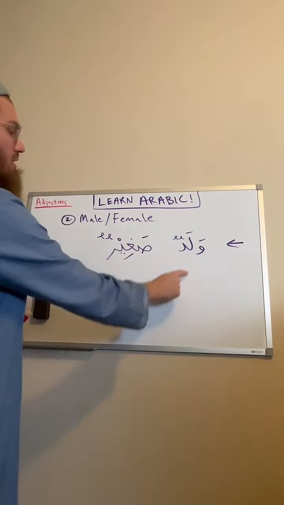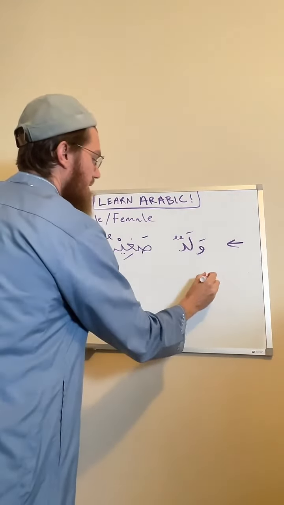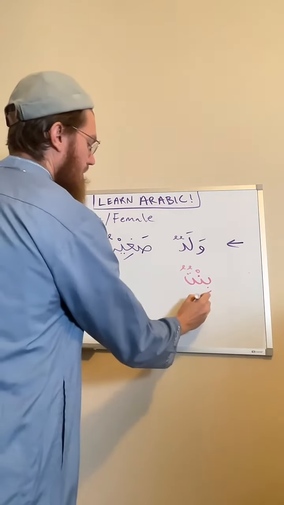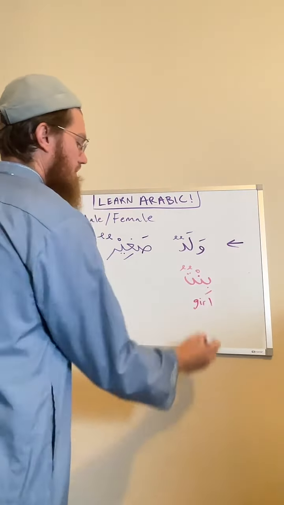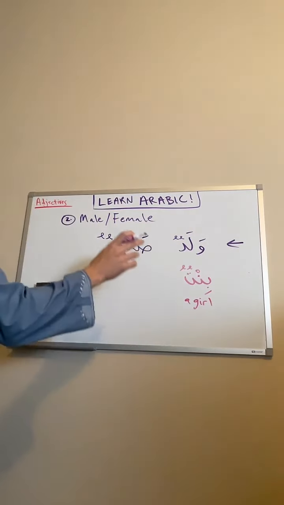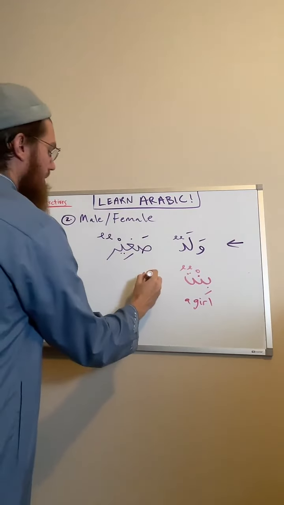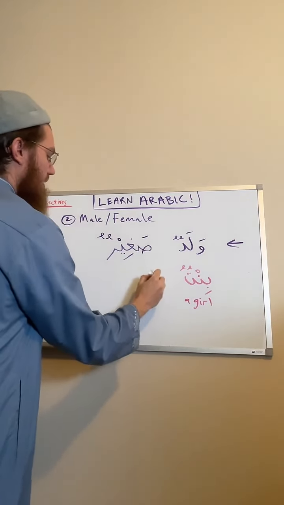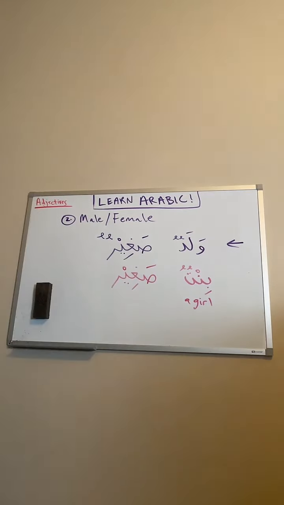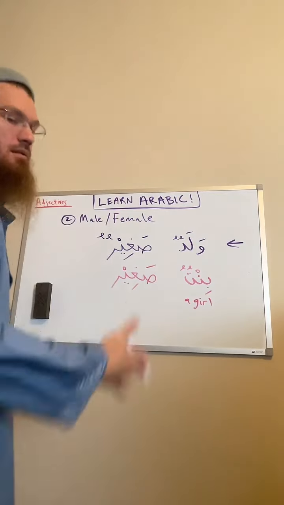And this is masculine because what it's describing is masculine. So for example, who can tell me what this word means? Bintun means girl. Now how would I describe a girl as being small? Well, as we mentioned, the word for small is صغير. However, obviously a girl is a female.